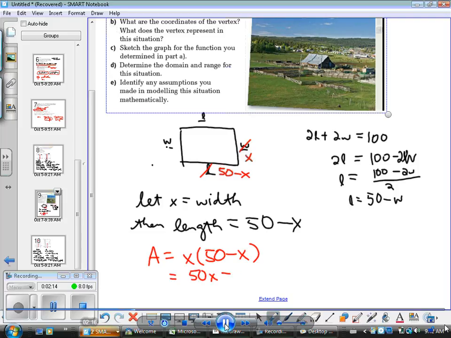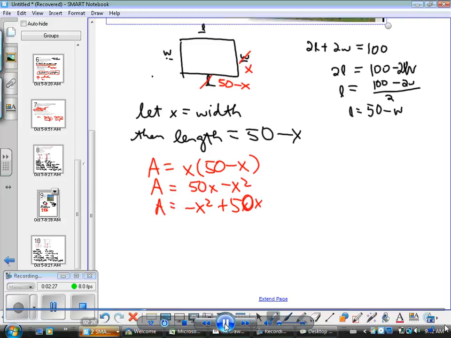So 50X minus X squared is the area. In standard quadratic form, it's negative X squared plus 50X, and our constant term, or C value, is equal to 0. So that is a standard form quadratic equation that models the area of the corral.